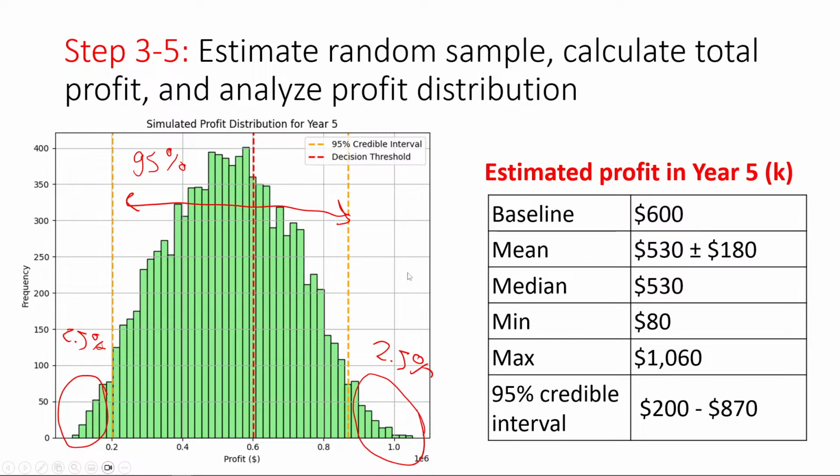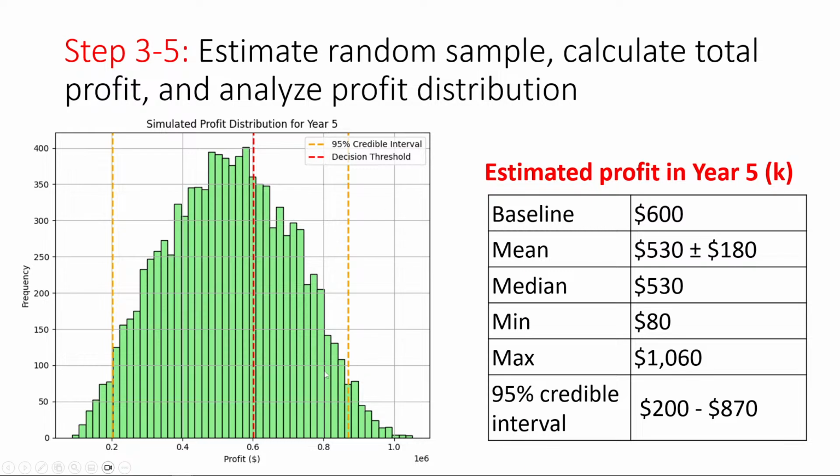What is my mean value? My mean value is about 530 plus or minus one standard deviation of 180.